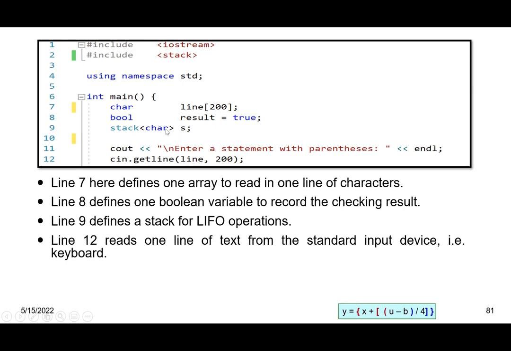I store a character. The parenthesis, or the bracket, is actually a character, right? And this variable result is a bool value, either true or false. So when I check, if it's true it means everything matches. Okay, if it's false it means something doesn't match.